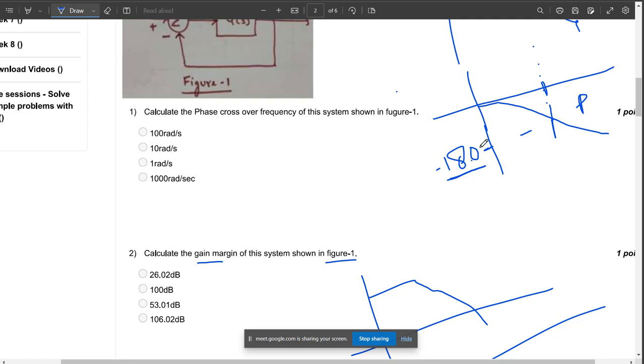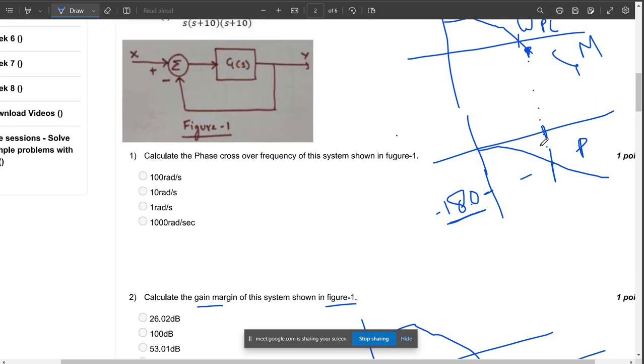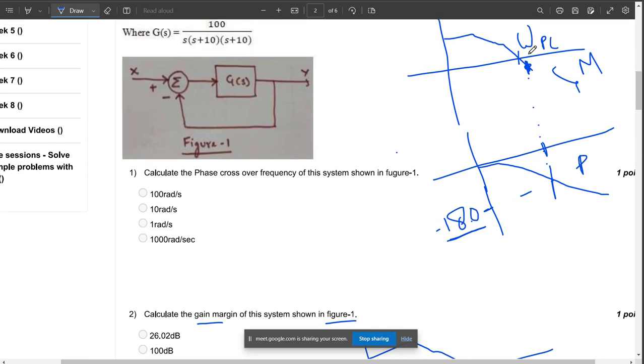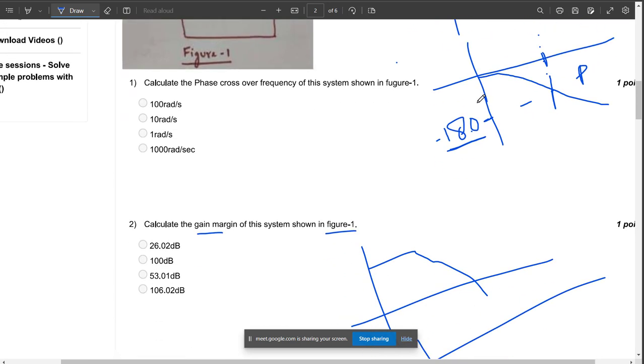At the phase crossover frequency, the phase of the system will be minus 180 degrees, and for that frequency there is a gain, right? The gain of the system will be something. So now I want you to find this gain, and this gain is known as the gain margin of the system.